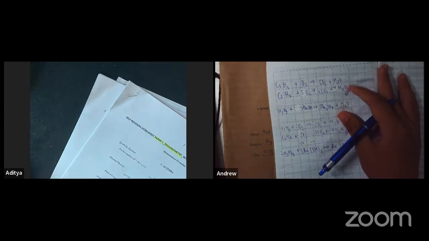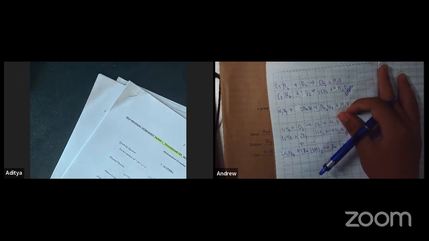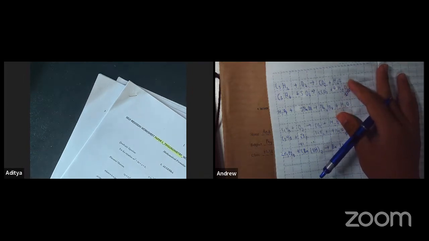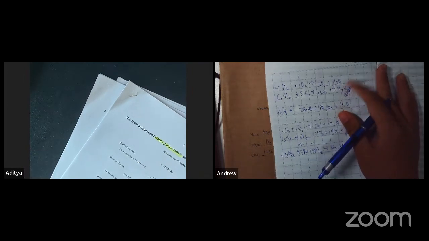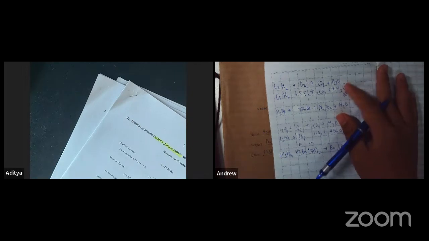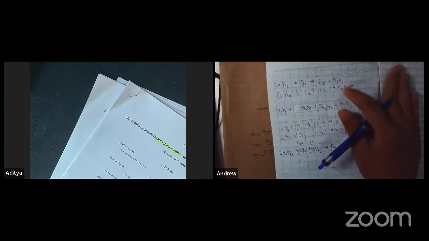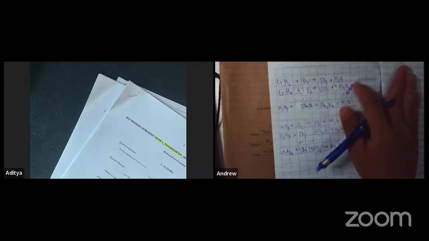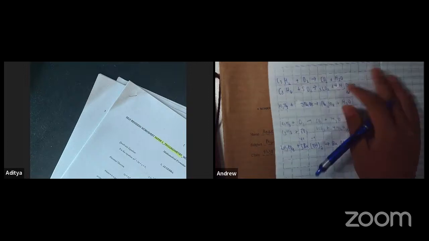Now, this is 2 molecules. This is 9 molecules. This is 3 molecules. Molecules is very long. Am I writing not very nice? I'm sorry, that's not 3, that's 6. And this is 6 molecules.